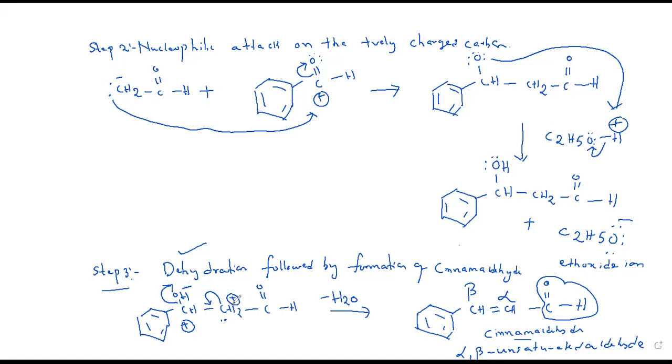So if you remove one hydrogen atom, there will be formation of a double bond here, CH double bond CH, and the same aldehyde group I have written here, which is called cinnamaldehyde, also known as alpha comma beta unsaturated aldehyde. So this is about your Claisen-Schmidt reaction and its mechanism. Thank you.